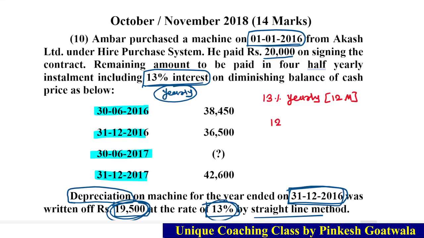Very simple. For the 12 month period the rate is 30%. So what will it be in case of 6 months? Simple, it will be half. The amount comes to 6.5. For 12 months the rate is 13%, it is yearly, so what will it be for 6 months? For 6 months it will come to 6.5 percent.